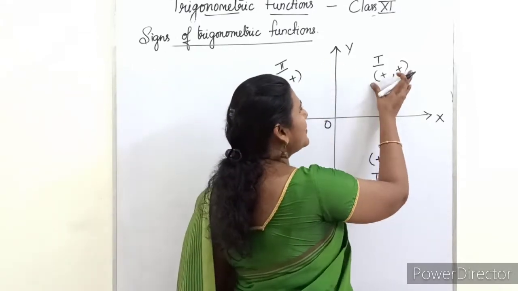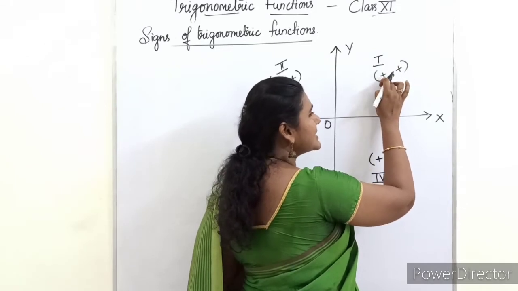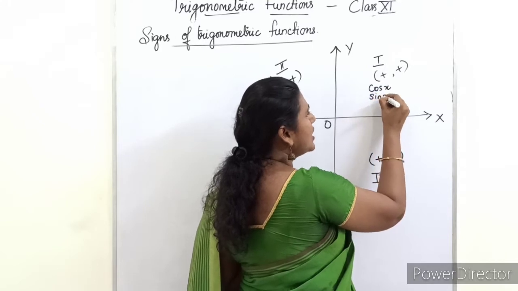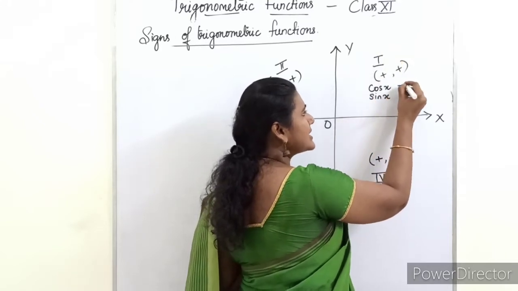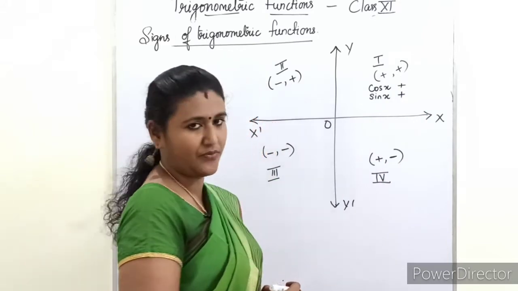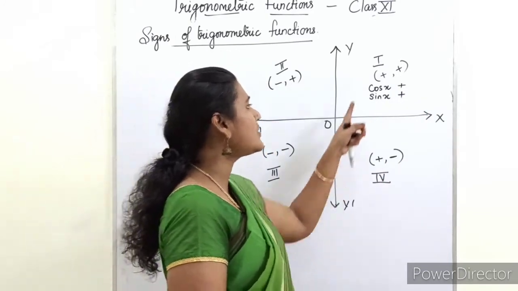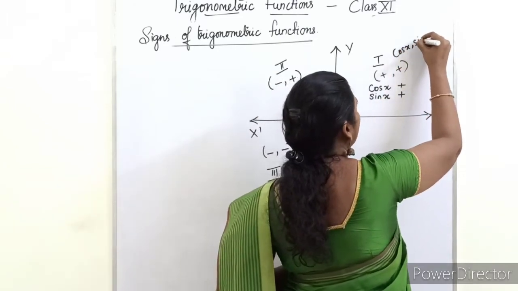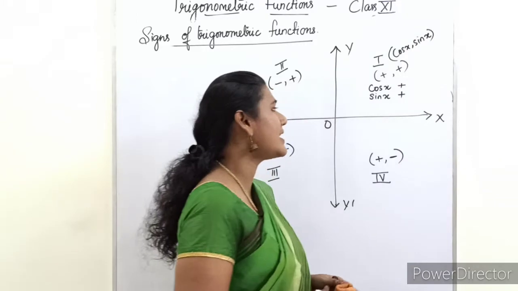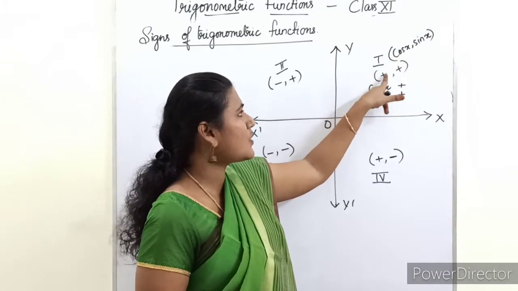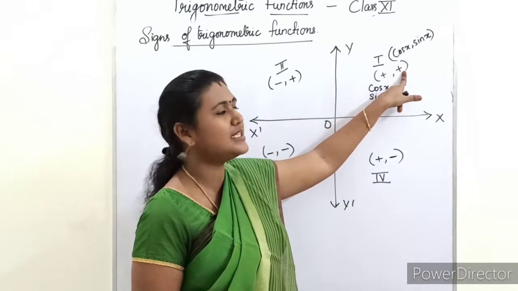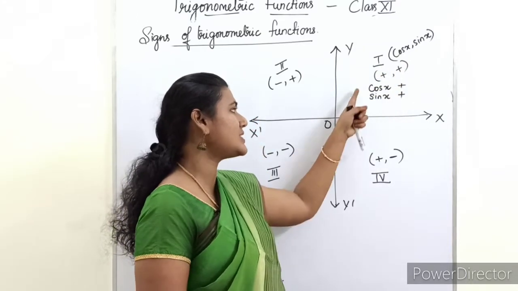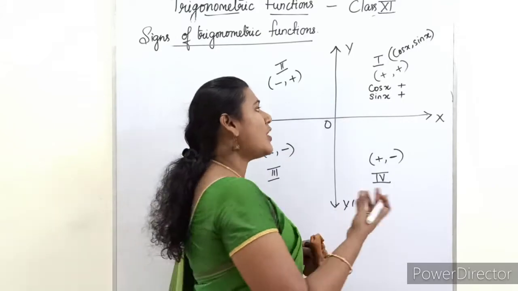So you know that for a point in the first quadrant, the x coordinate represents cos x and the y coordinate represents sin x. So in the first quadrant both cos x and sin x are positive, because the coordinates of a point are in the form cos x, sin x. Then what about tan x?